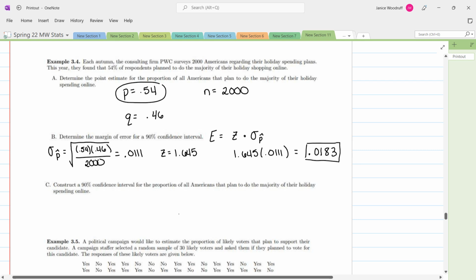And then our confidence interval for 90% will be P hat plus or minus E. Okay, so our P hat, 0.54, plus or minus 0.0183. So 0.54 minus 0.0183 will give us 0.5217.